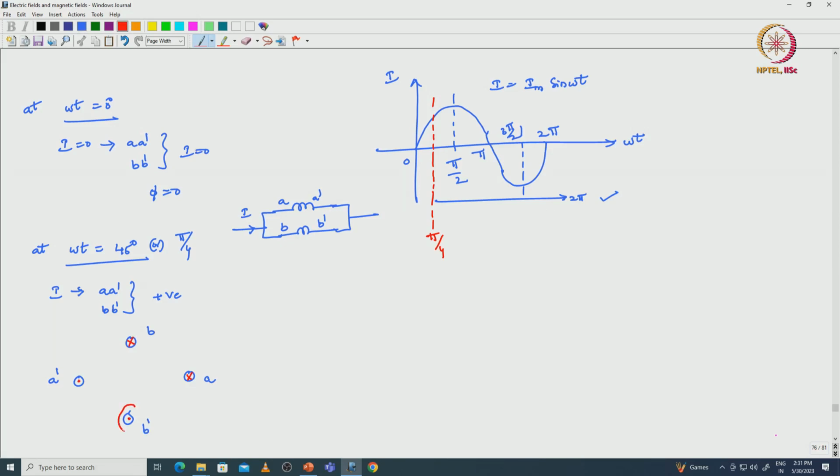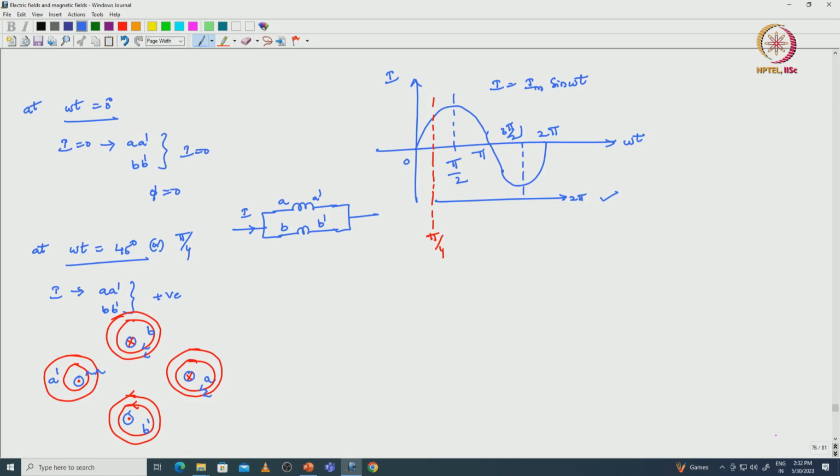Apply the thumb rule and draw the flux loops. With respect to the dot it is anti-clockwise, and with respect to the cross we can draw clockwise.